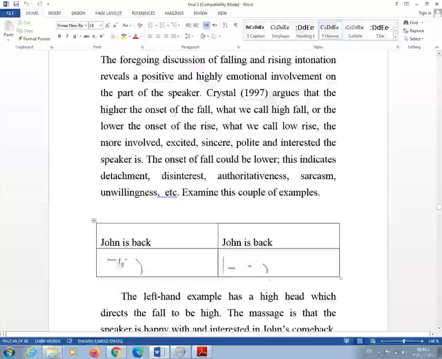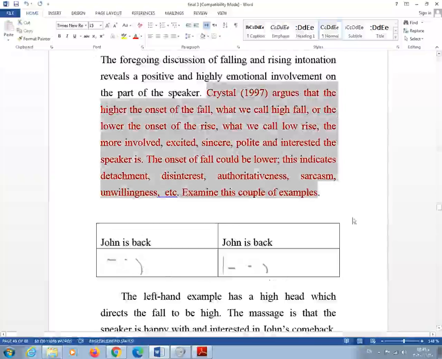Let me show you that. Cursor, yes, this part. And let's color it. First of all, what is John here? John here in both sentences is the head.